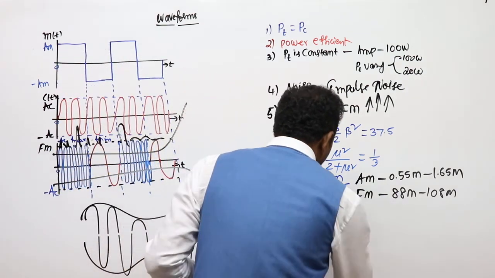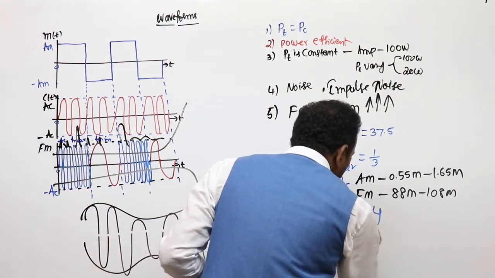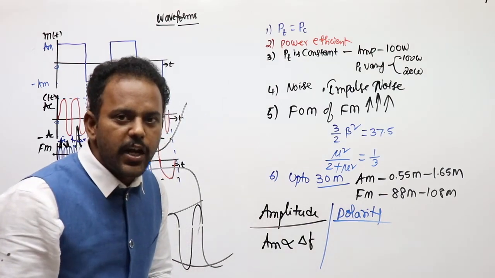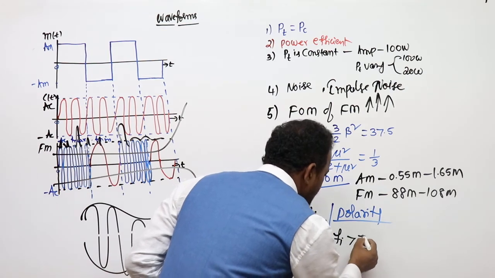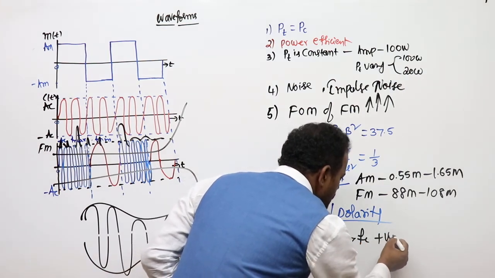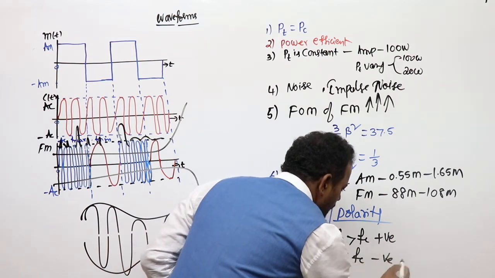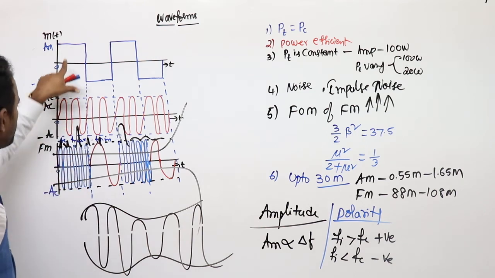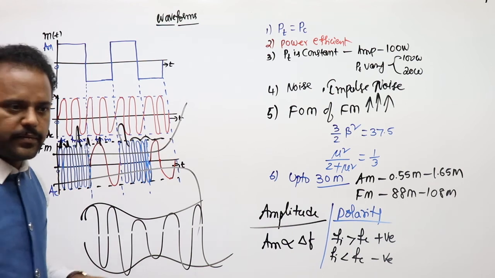Next, what about the polarities? Whether the amplitude is positive or negative, this polarity you can easily know: if the frequency of an FM signal is greater than Fc, it is because of positive polarity; Fi is less than Fc because of negative polarity. Greater frequency for positive polarity, less frequency for negative polarity.